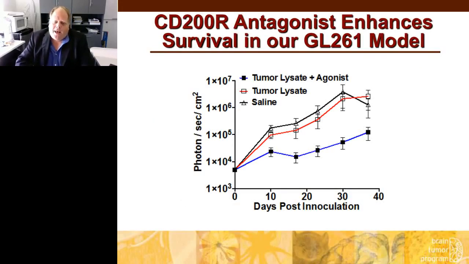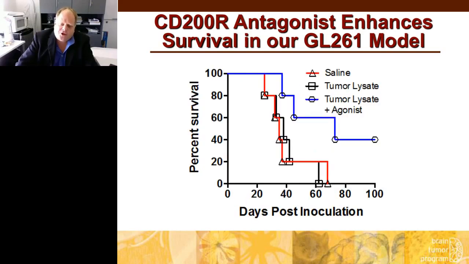So altogether, somehow I fixed these, somehow they didn't get saved. But altogether, we showed that using our antagonists, we could significantly suppress or decrease tumor burden, which significantly enhances survival of these animals.